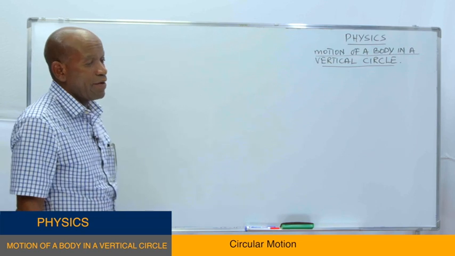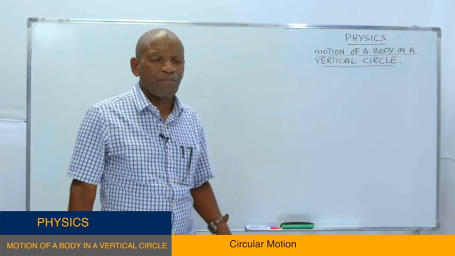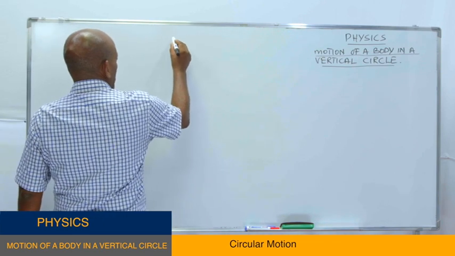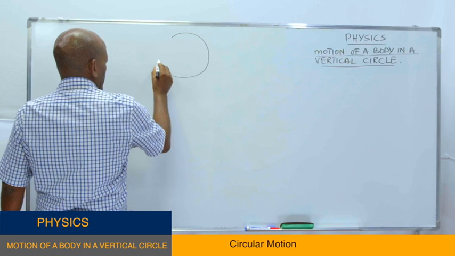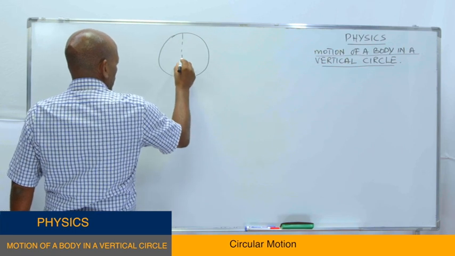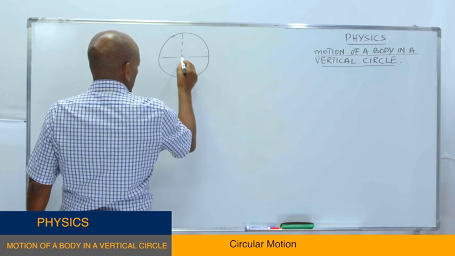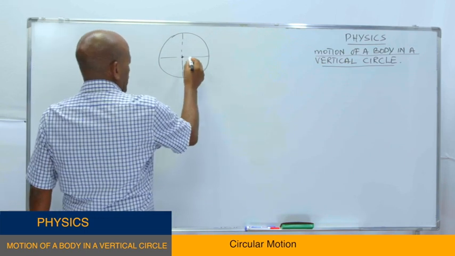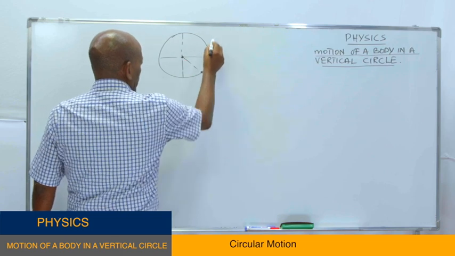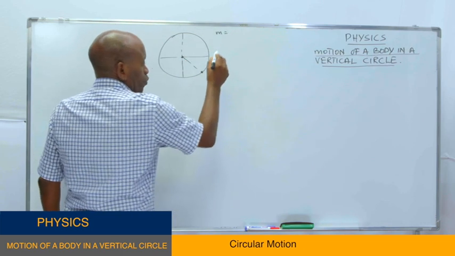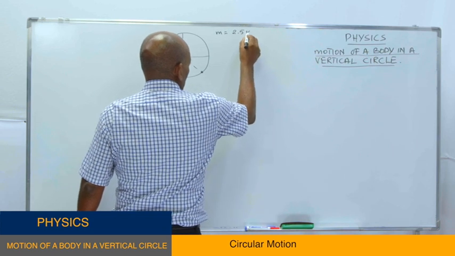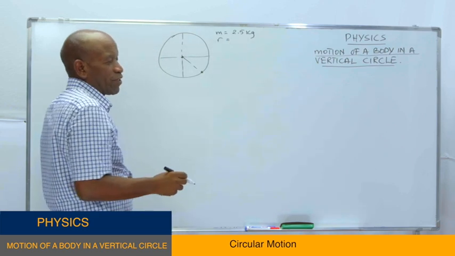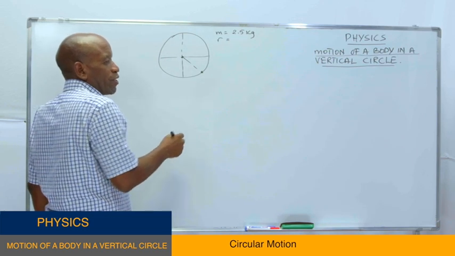So we are having the same sketch as the previous one, but it's a different question. So we are having such a body which is rotated in such a circle. The mass of that particular body is 2.5 kilograms, and the radius of the vertical circle is 2 meters.